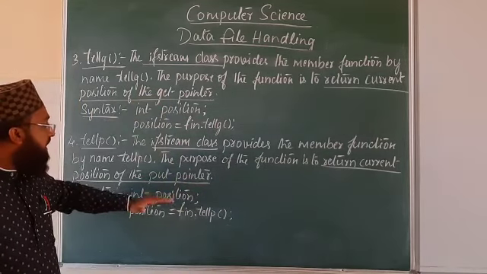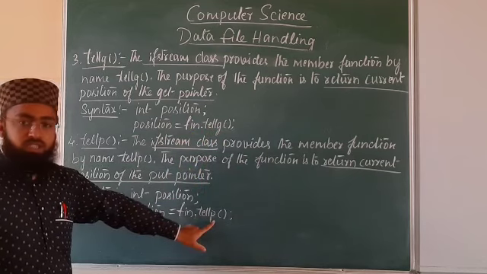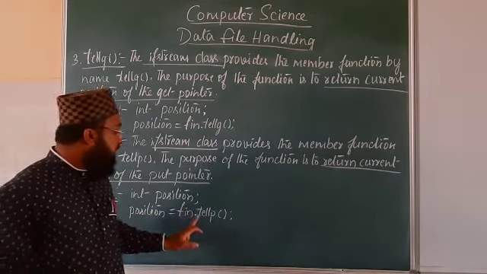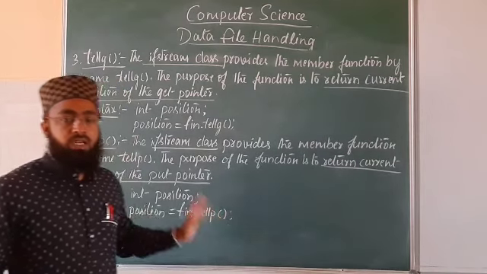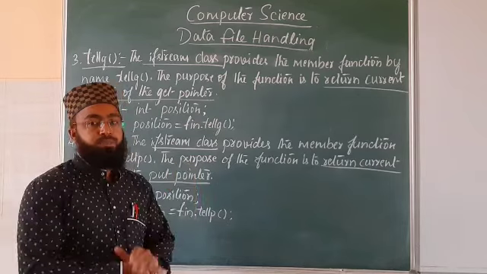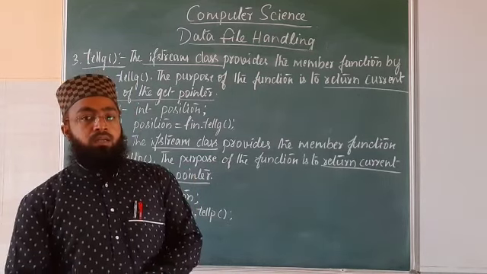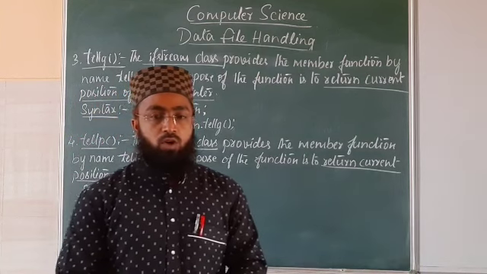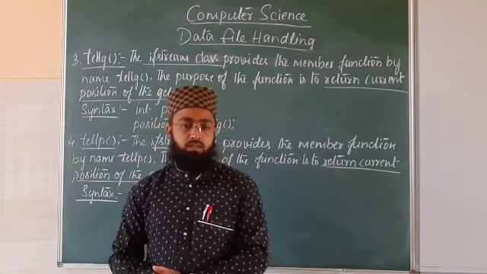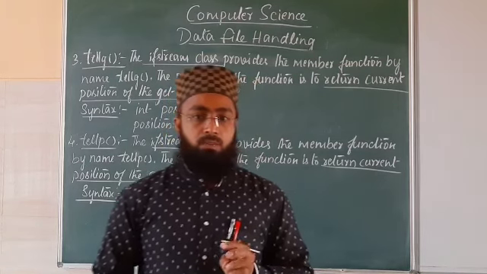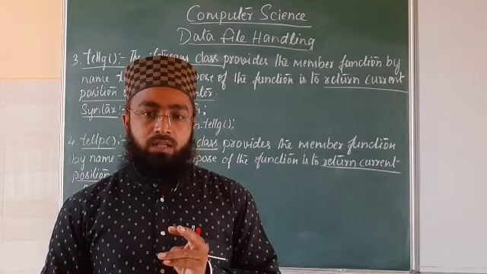Same syntax here; in place of tellg, use tellp. That is, position equals fout.tellp(); then semicolon. This is about the four basic member functions of the file system: seekp, seekg, tellp and tellg.